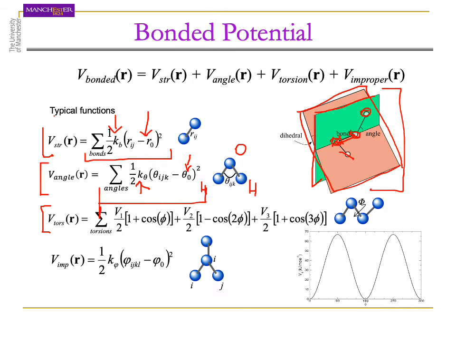Now, the angle between these two planes represents the torsional angle of these four atoms. The torsional angle represents the rotation of four atoms along one bond. If you consider these four atoms here, you can see that these two external atoms, this one and this one, can rotate along this bond.